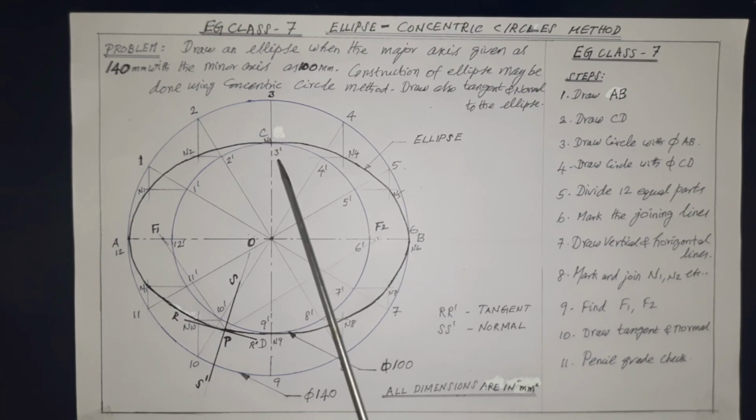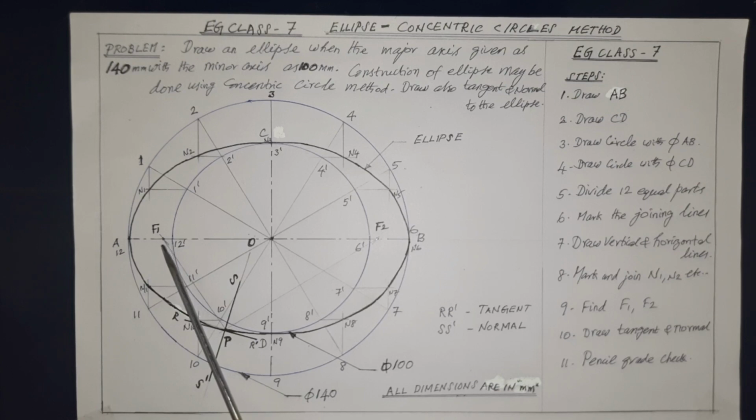C is the center. Getting these 2 points F1 and F2, as per step 10, we proceed to the tangent and normal drawing. For this, select any point P on the ellipse and join this P with F1 and F2 as shown.